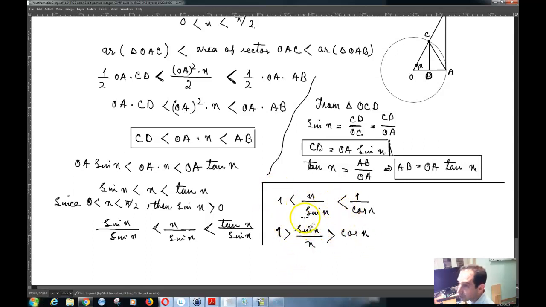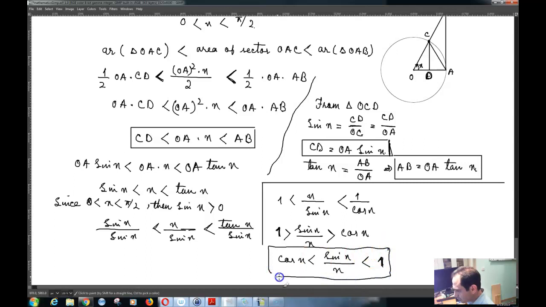Otherwise it would simply be wrong. Basically your inequality would not be right. So if I rewrite this again from this side, I get cos x is less than sine x by x is less than 1. And that's what we wanted to prove, and that is what we can use in finding the limits of these trigonometric functions sine x and cos x.